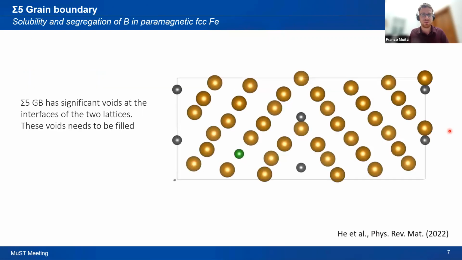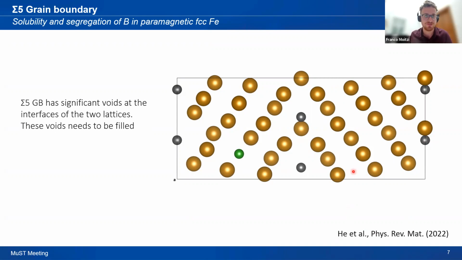Now I want to show you some structures and some results where this has already been used. The first one was about placing empty spheres in a grain boundary to calculate the solubility and segregation tendency of boron in grain boundaries in paramagnetic iron.